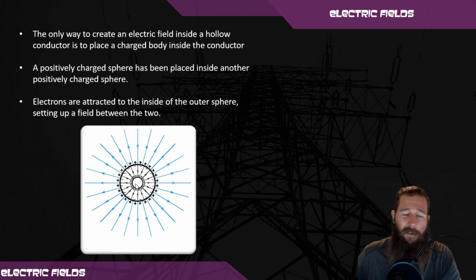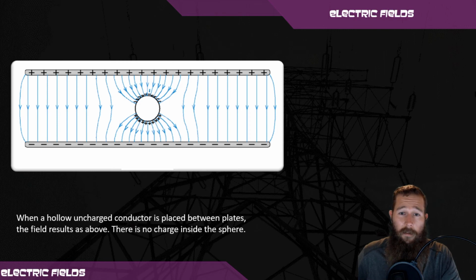Okay, but then ultimately, right in the middle there, there's still no field. Okay, this diagram again is similar to the one we were looking at previously. Instead of a solid conductor, this one is a hollow conductor. Similar situation where the electrons move to the surface at the top. In both cases, there's no electric field inside this conductor.